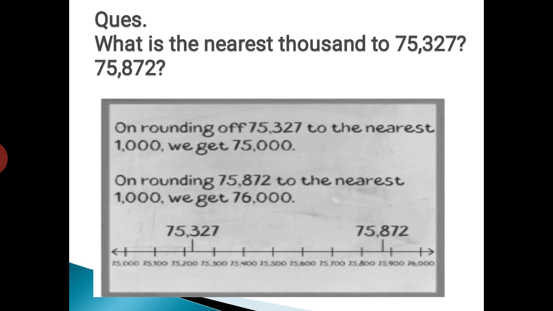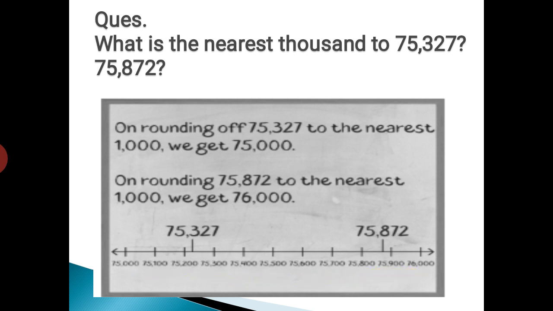So instead of 5, we'll add 1 and it will become 6. So it will become 76,000. And the digits at the ones, tens and hundreds places will be 0 now. So the rounded off number of 75,872 will be 76,000.